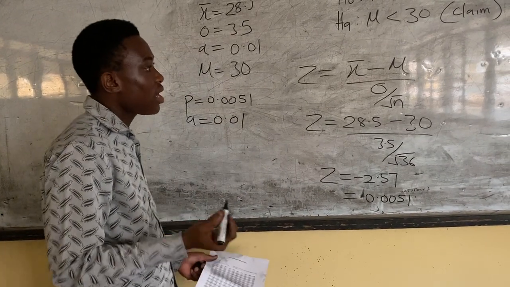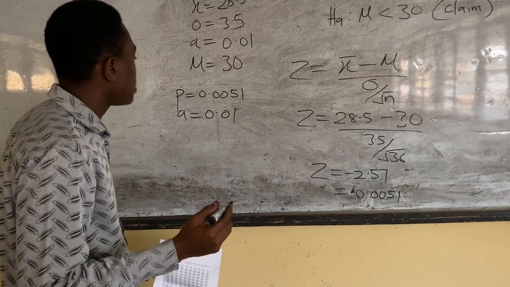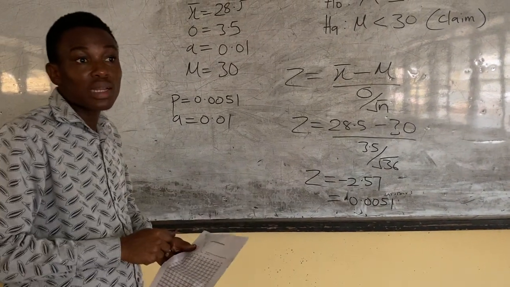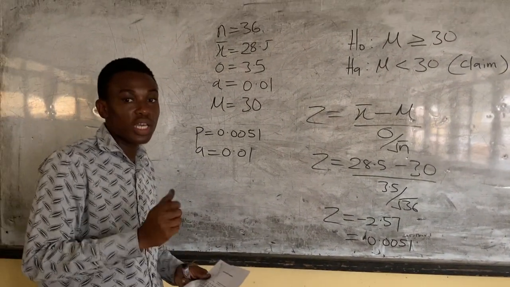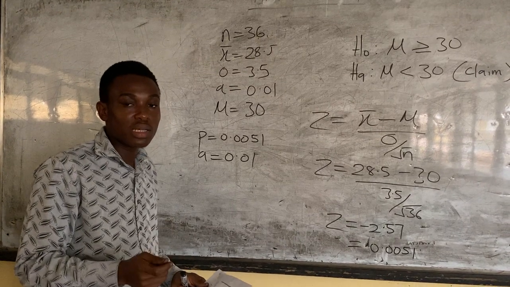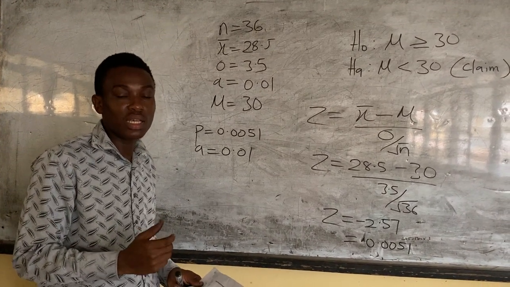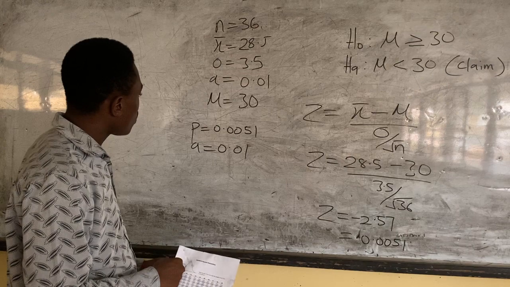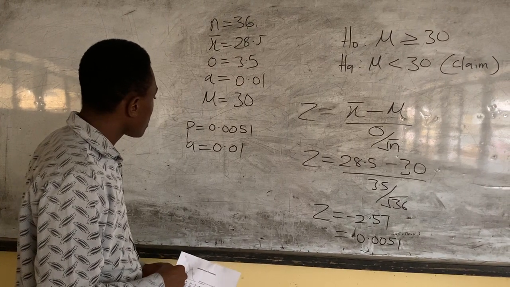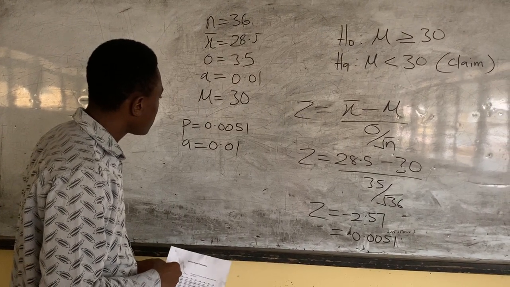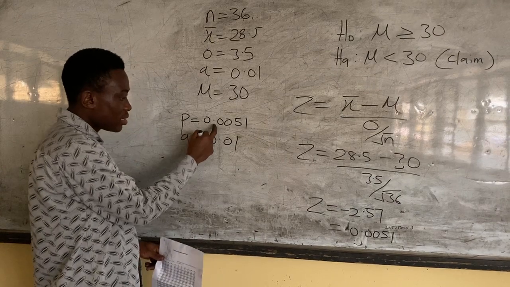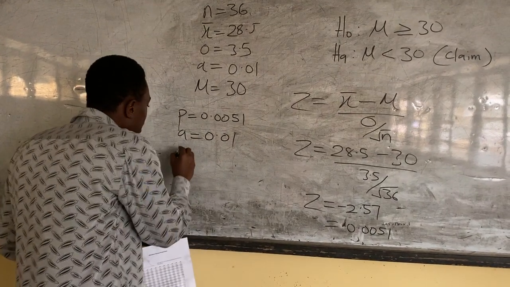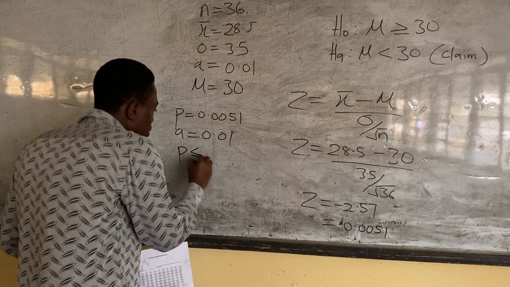Earlier, our decision rule was that if p is less than or equal to alpha, we reject, but if p is greater than alpha, we fail to reject. Here, p is less than alpha.